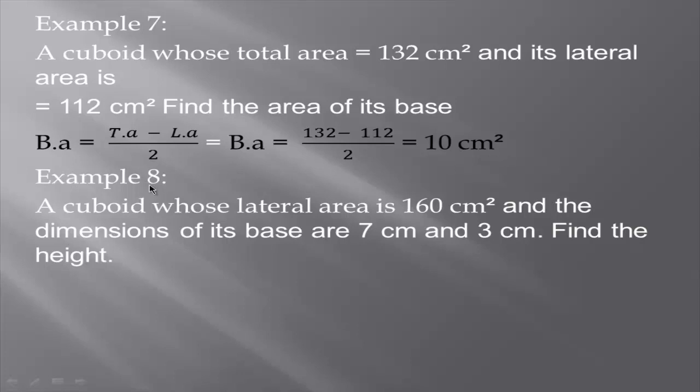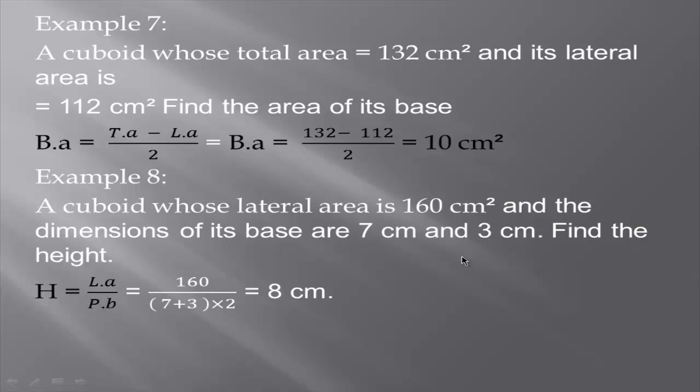Example number 8: a cuboid whose lateral area is 160 centimeters squared and the dimensions of its base are 7 and 3 centimeters. Find the height. So, when we are asked about the height, it is just the lateral area over the perimeter of the base.